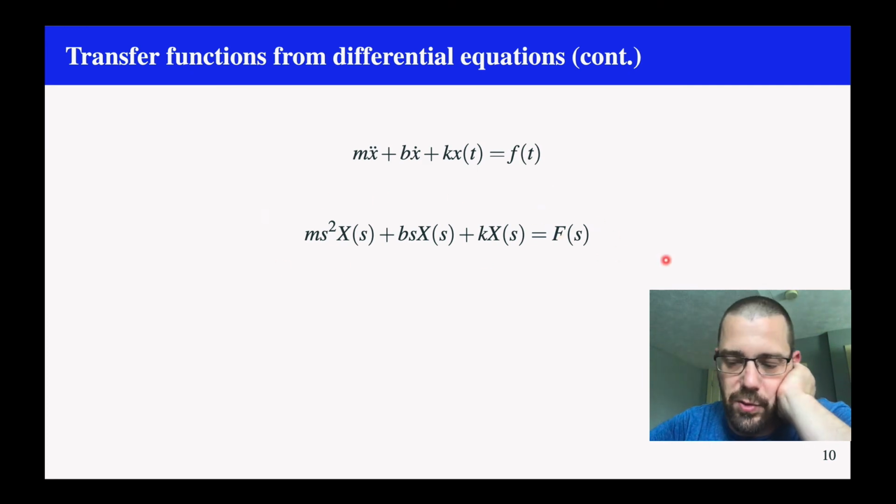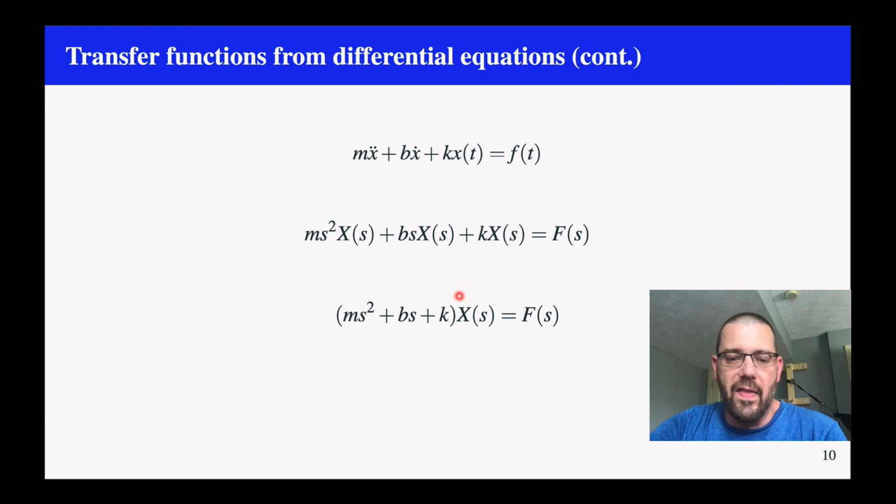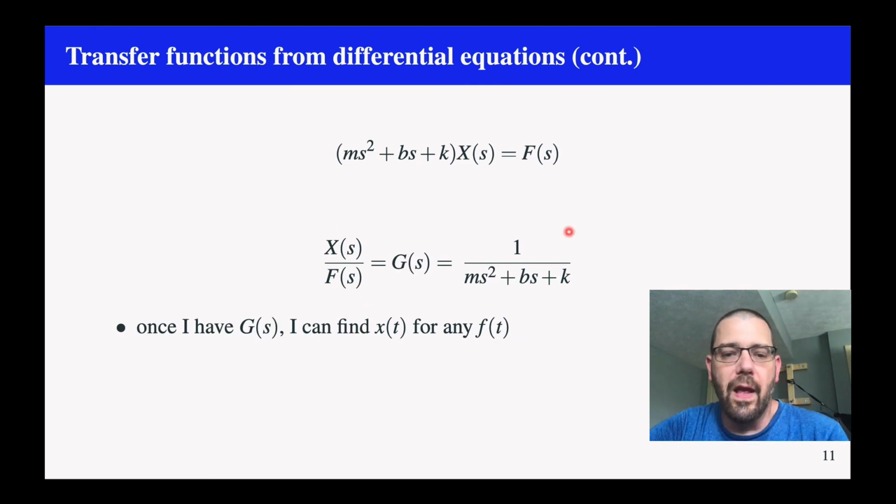So now I can do some algebra on this, I can pull an X of s out of everything on the left-hand side, and then I can divide it across, and ultimately I go from here to this is the transfer function of this system. G of s.